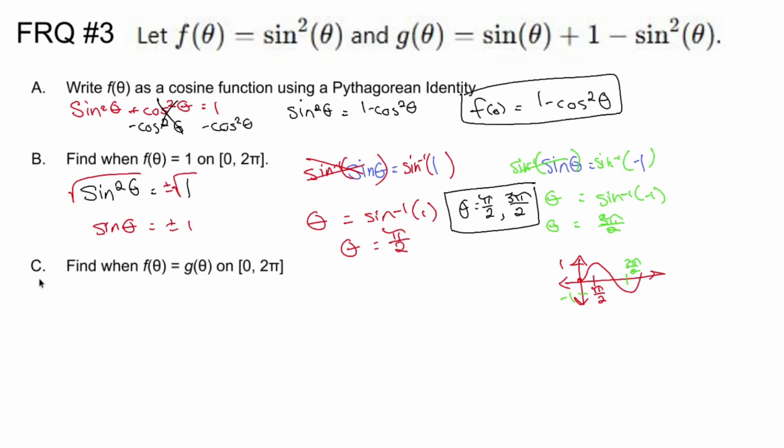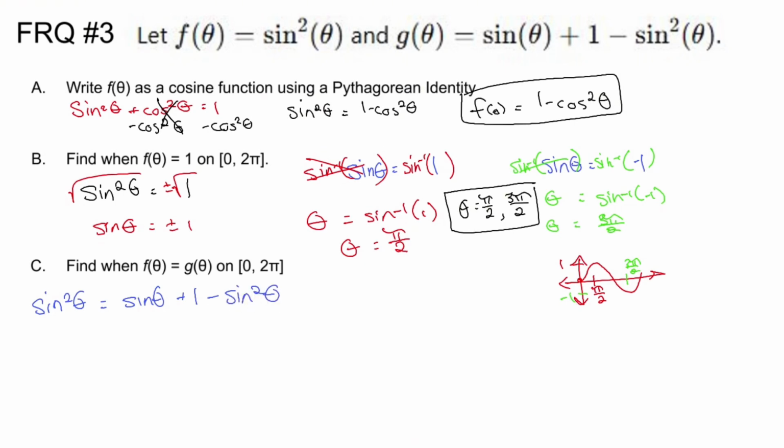So that's part B. Now part C is asking us to find f of theta equals g of theta on the same interval. That means setting these two equal to each other. So I have sine squared theta equals sine theta plus 1 minus sine squared theta.